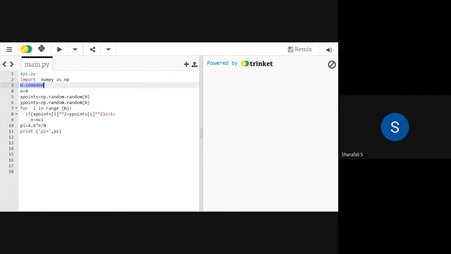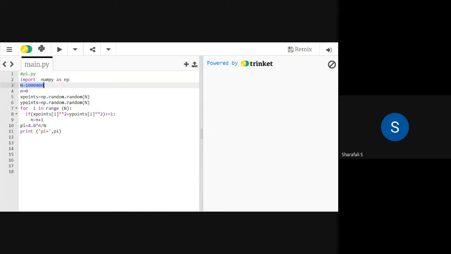I think I missed that in the theoretical part. This approximation of the integration that we have just defined will be valid when the number of points is very large. If we are not considering a large number of points, then the result will not be that accurate.